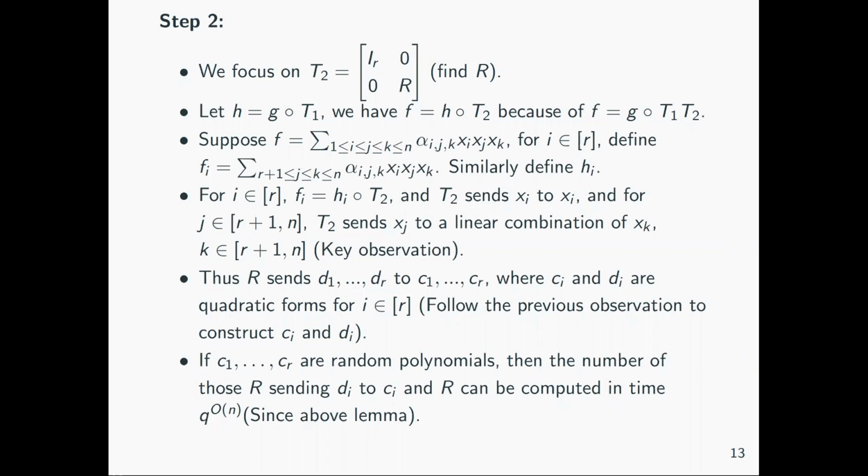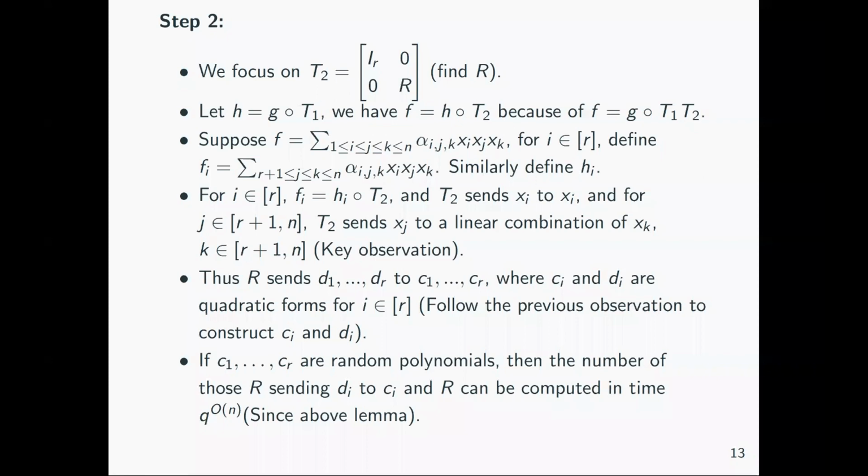Similarly, we define Hi. For i from 1 to R, we have T2 sends Hi to Fi. This is the key observation. So T2 sends xi to xi, and for j from R plus 1 to n, T2 sends xj to a linear combination of xk.